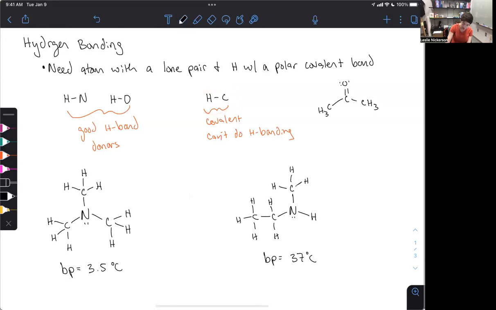Then you can have stuff like this, where the oxygen can be used as your H bond acceptor. I'm not terribly worried about you being able to identify donors versus acceptors. I just want to show you that you can do things even if there's no H on this molecule that can be used as an H bonder. This can still participate in hydrogen bonding with water or something like that.